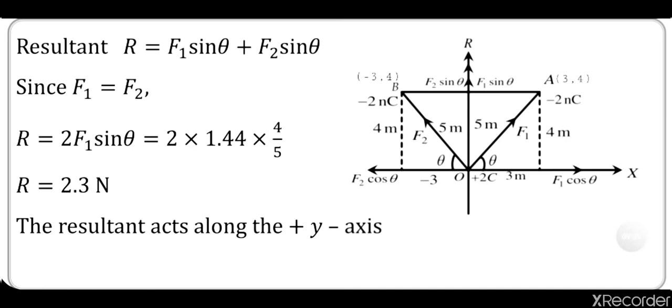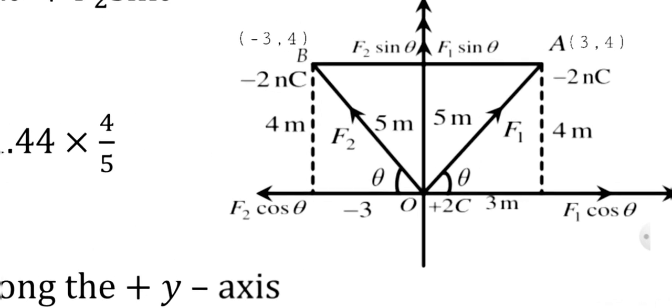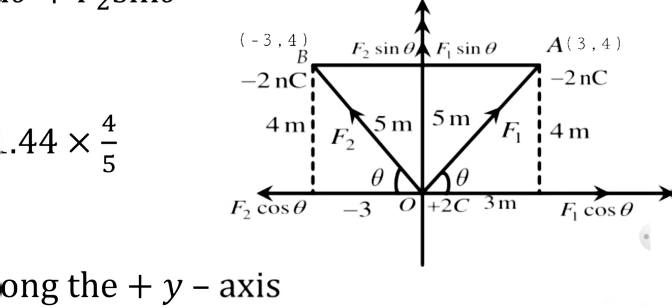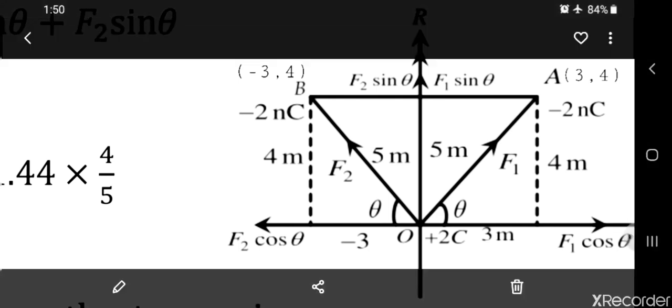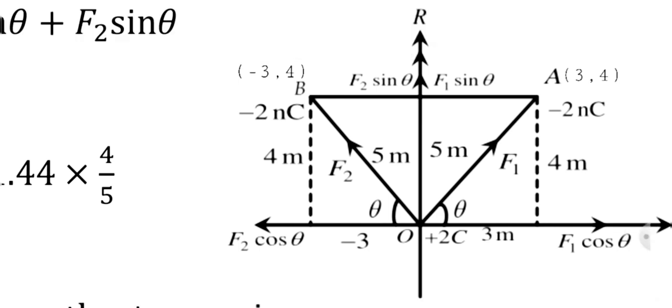Now I will explain the picture. Here you can observe the minus 2 nanocoulombs in both the quadrants, but the plus 2 coulomb is at the origin. In the first quadrant, at the point 3 comma 4, the minus 2 nanocoulomb is placed at the point A. You can see 3 comma 4 means along the x-axis it is 3 meter, and along the y-axis it is plus 4 meter.